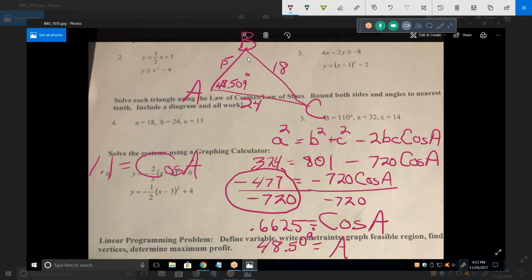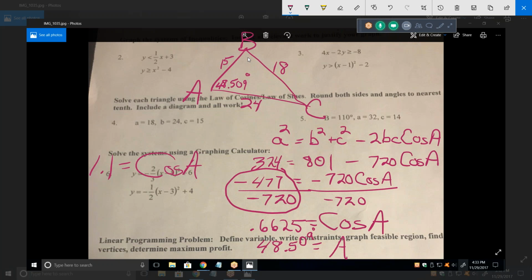If you're solving using either the law of sines or the law of cosines, and you get to a point where the sine or the cosine of an angle is outside of that range, then it means it's an impossible triangle.